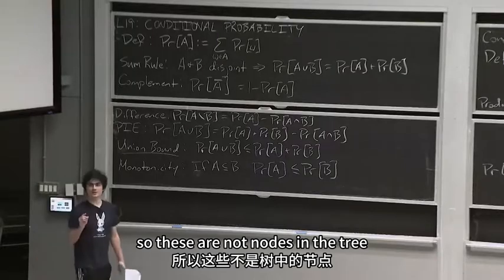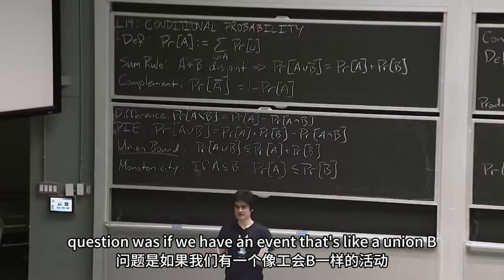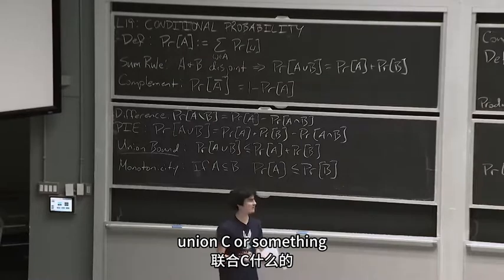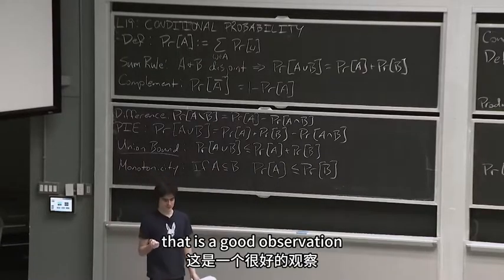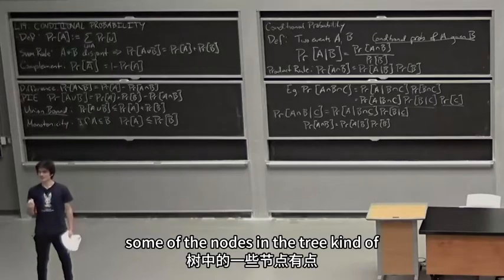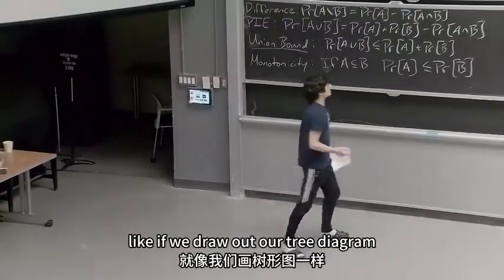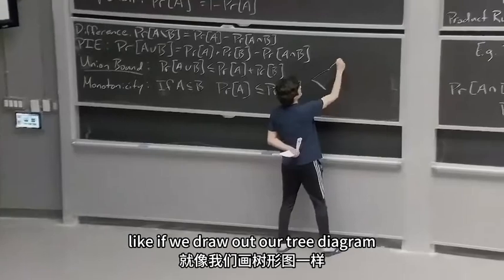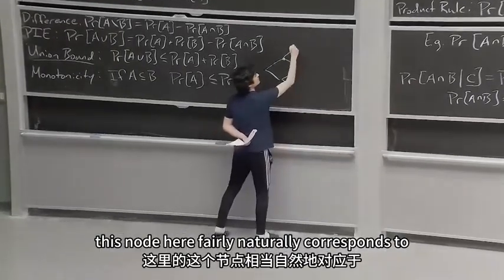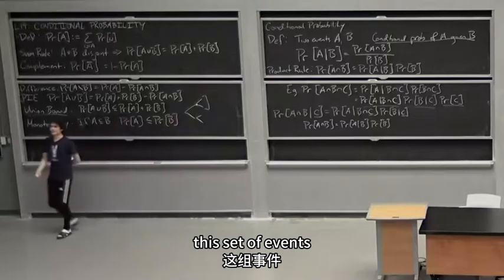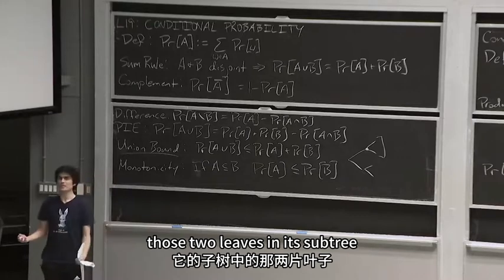The question was, if we have an event like A union B union C, are these general sets or are they nodes in the tree? That is a good observation. Some of the nodes in the tree naturally correspond to events. If we draw out our tree diagram, this node here corresponds to this set of outcomes, those two leaves in its subtree.